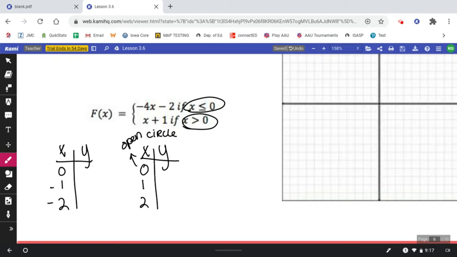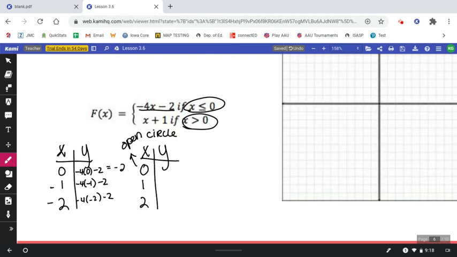So then I'll use my x values here and substitute into my first equation. So it says take negative 4 times 0 minus 2, negative 4 times 1 minus 2, negative 4 times negative 2 minus 2.